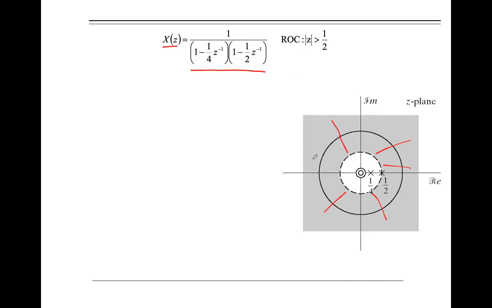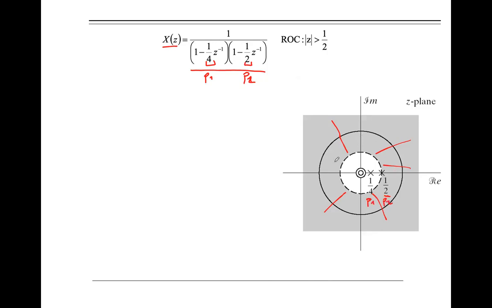How did I find this 1/2 and 1/4? The roots of the denominator. This is my pole 1 and this is my pole 2, and I will put them here.